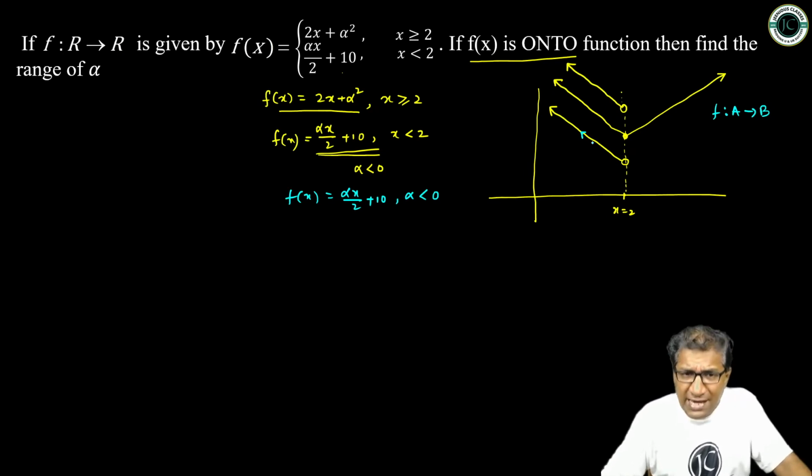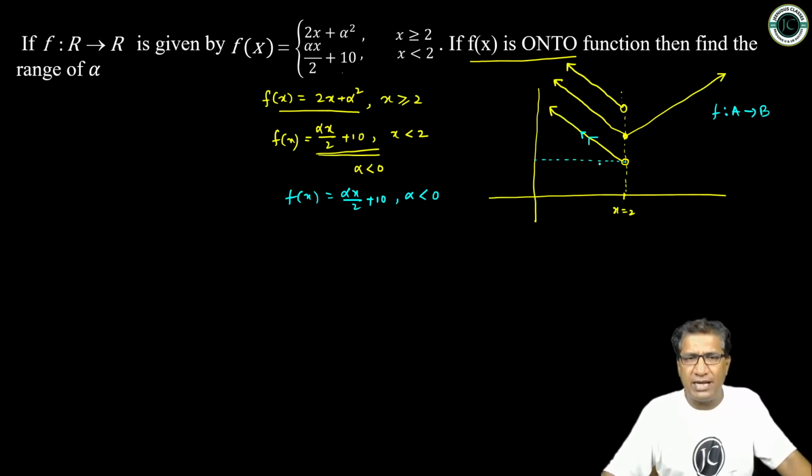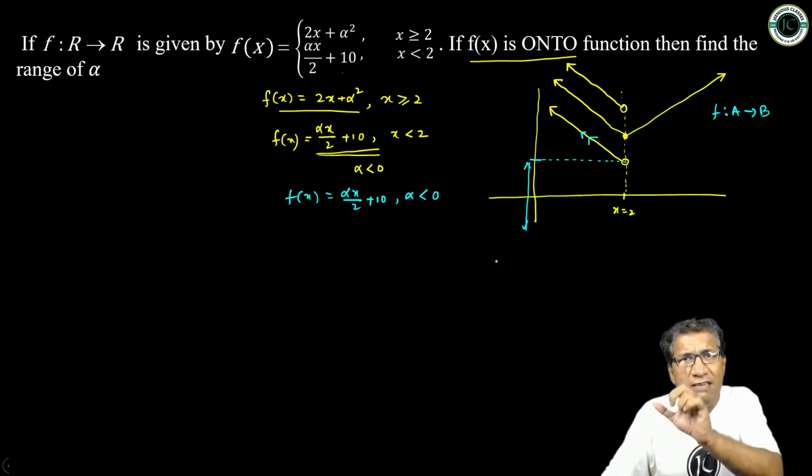But if we consider the second part of this function as a straight line like this, in this case, suppose when x is approaching 2 from the negative direction, the value of the function is, say, something over here, right? Now look, any value of y which is less than this value will not get any value of the function.